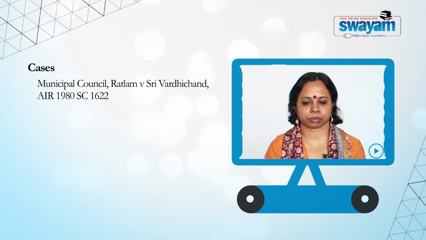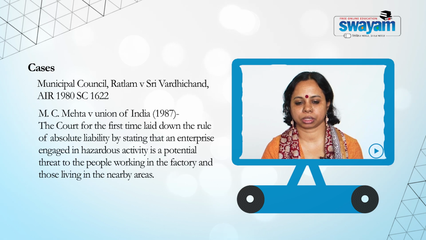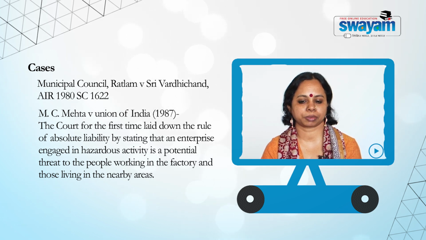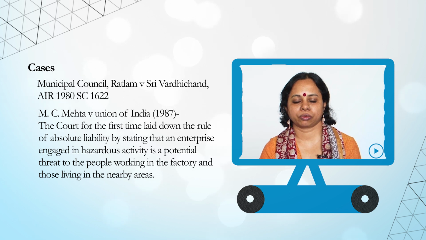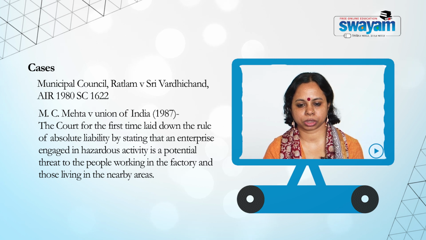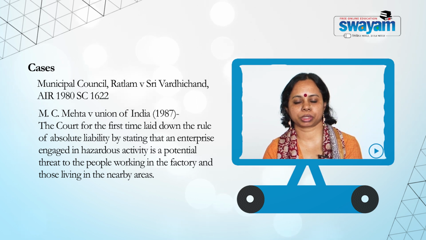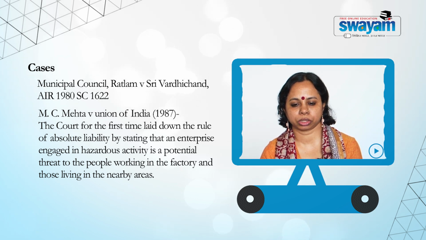In 1987, one of the major decisions came from the court in MC Mehta versus Union of India, where the court had for the first time laid down the rule of absolute liability, fixing a liability in absolute terms without any exception. So, we moved from the rule of strict liability, which is used in tortious claims, to a principle of absolute liability, not recognizing any form of exception.